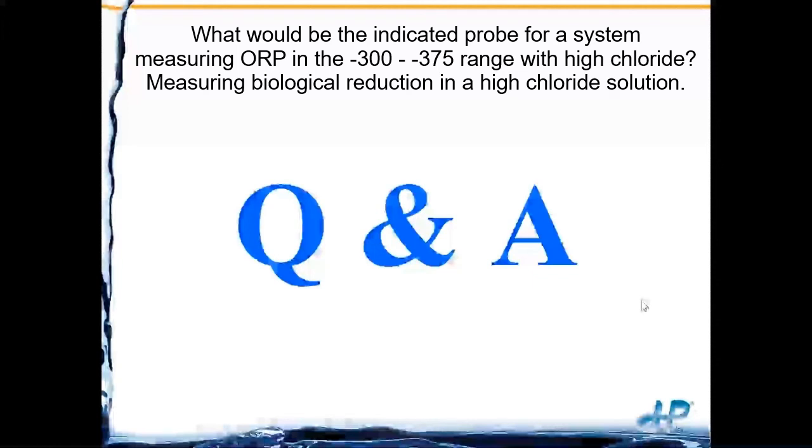But I would be interested if you're also going to need to do the pH-compensated ORP to make sure that the millivolt value is due to, well, it says high chlorides. Yeah, so chloride solution, if you just have a double junction reference electrode, traditional KCl, then that would be okay.